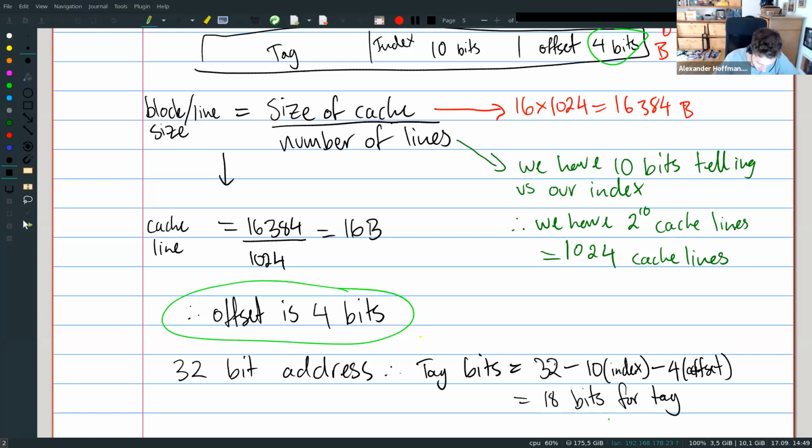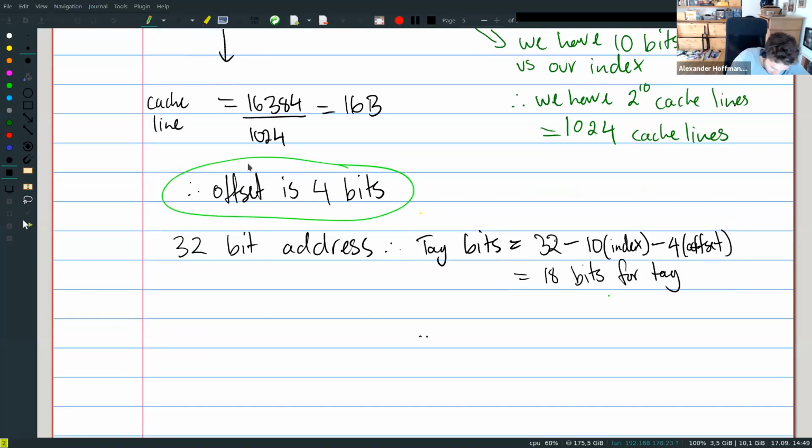Okay, and so then we can say, we now know, therefore each cache line requires 18 bits of metadata.